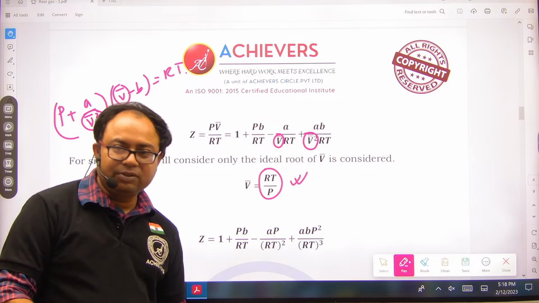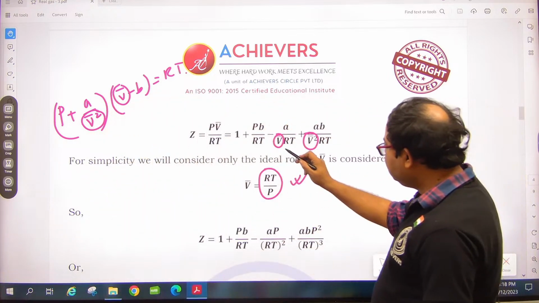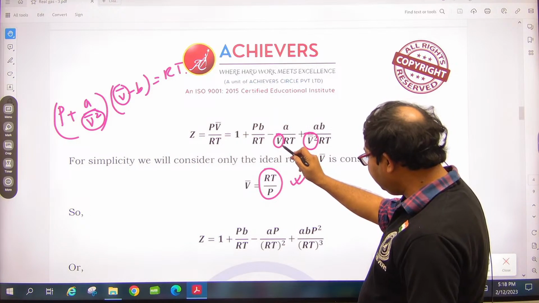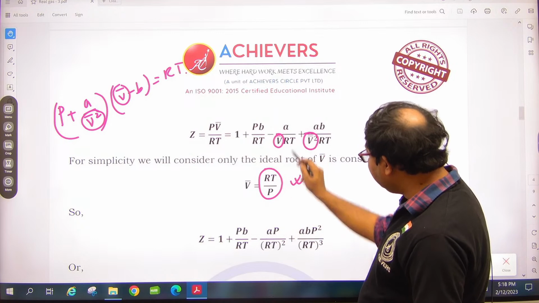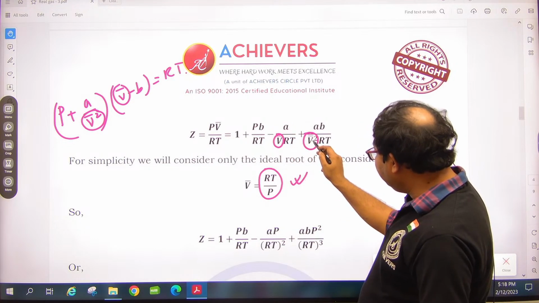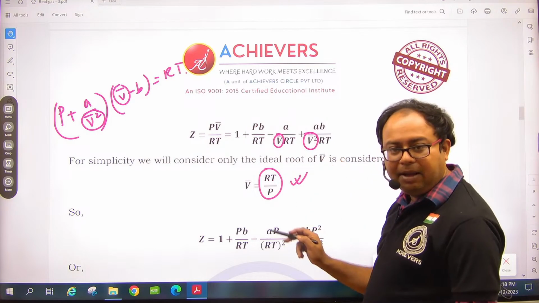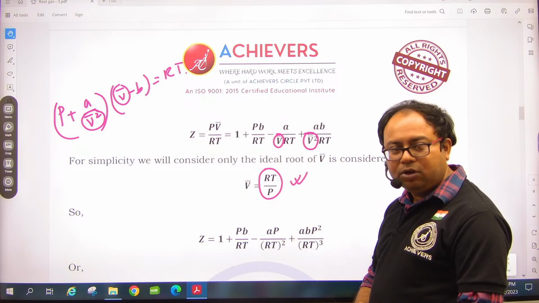That's why I am replacing V bar by RT by P. So this V bar is replaced by RT by P. So you have got RT over here, so it becomes RT square and P is going in the numerator. And here you are replacing V bar by RT by P, and you have got V bar square, so it becomes RT by P whole square.